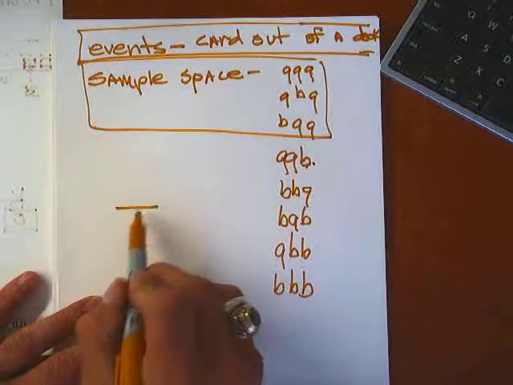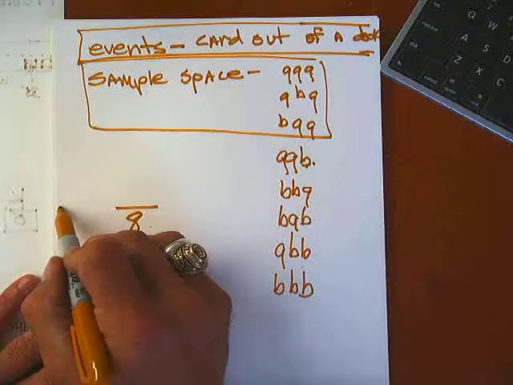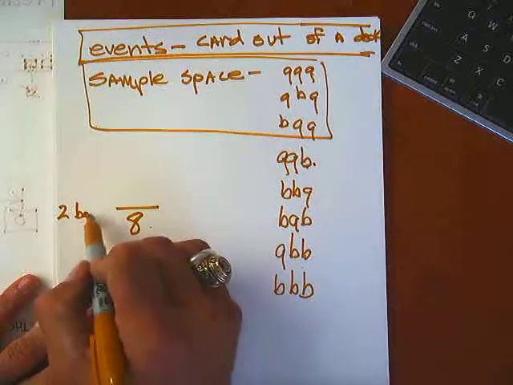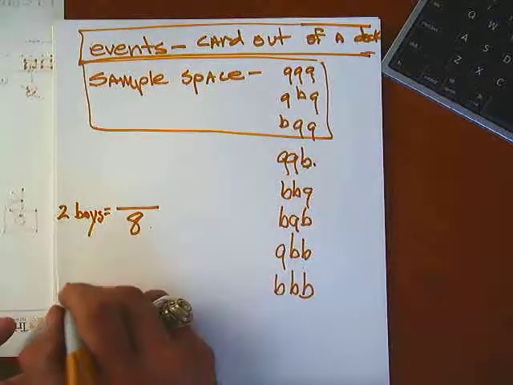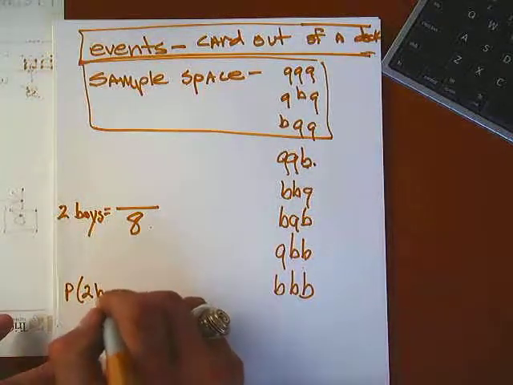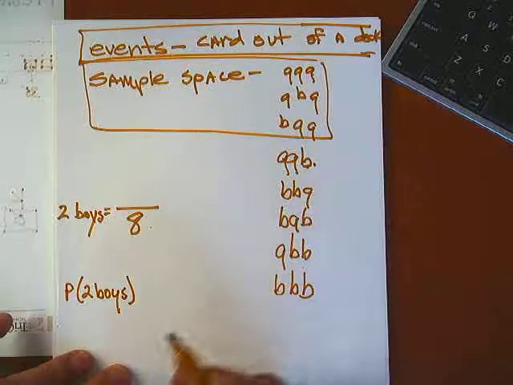I think there's 8. 1, 2, 3, 4, 5, 6, 7, 8. Yeah, there's 8. And then you pick how many out of 8 is 2 boys.